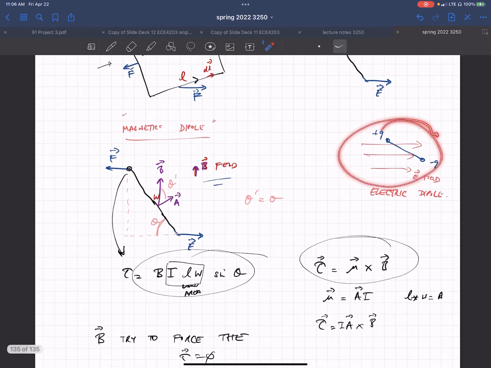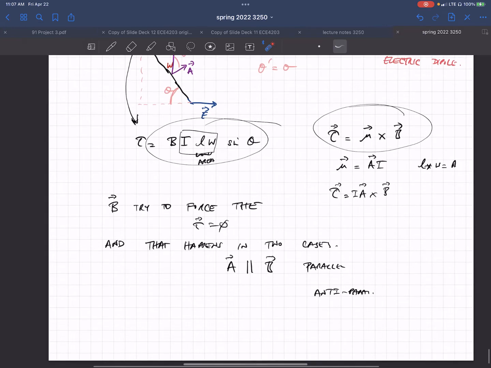If you remember, in the case of the electric dipole, you could either get the situation where this guy was lined up like this with plus Q, minus Q, or you could have the case where you had minus Q, plus Q. Those are the two options. So you have sort of similar two options in a magnetic field and a loop about the points of equilibrium.